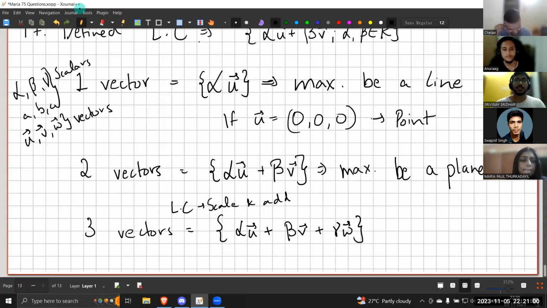So here, what would be the maximum? A cube, 3D, anything 3D.